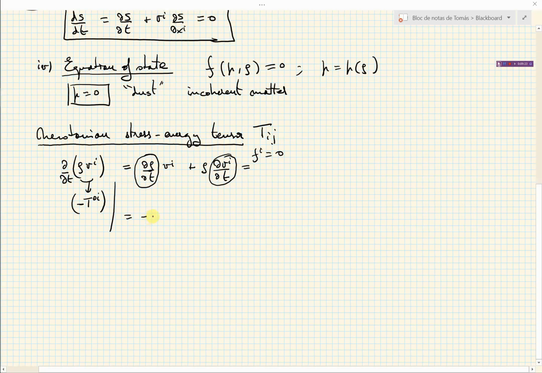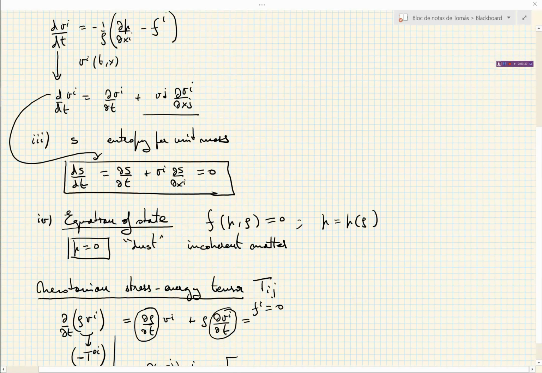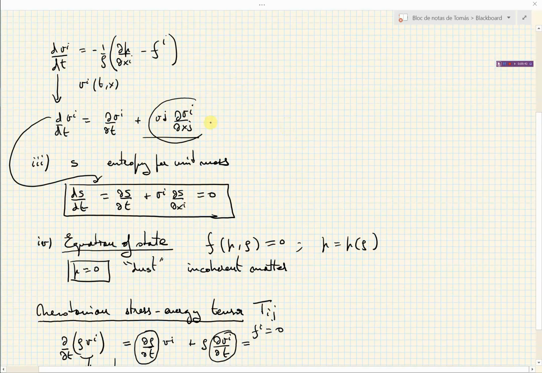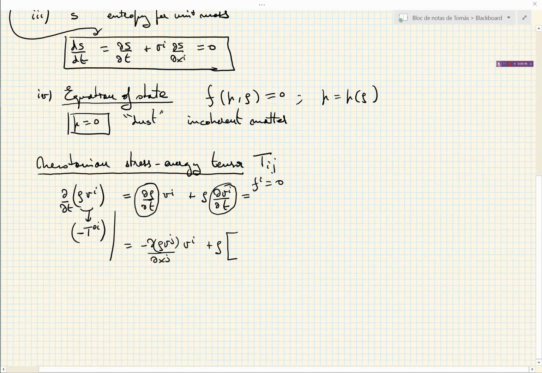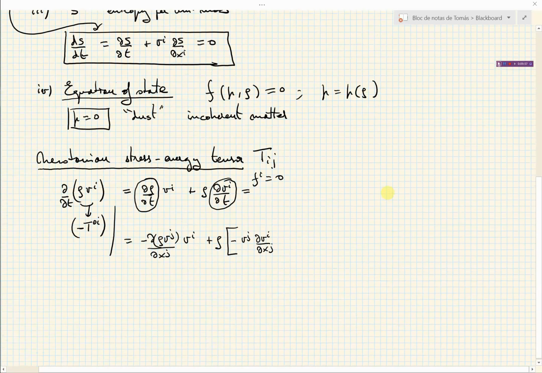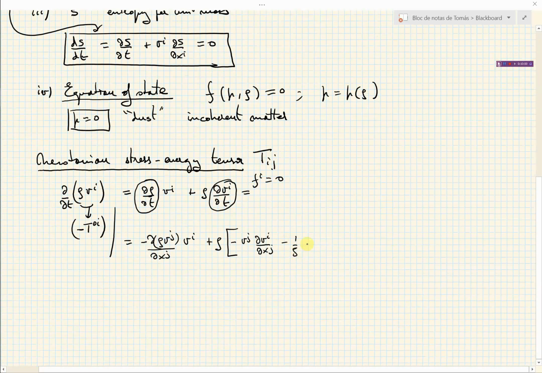And here I have minus the divergence of rho vj, with the index j because vi is already here, and here I have rho times, let me look into the Euler equation, the right hand side: minus vj dvi/dxj, and then minus 1 over rho dp/dxi.